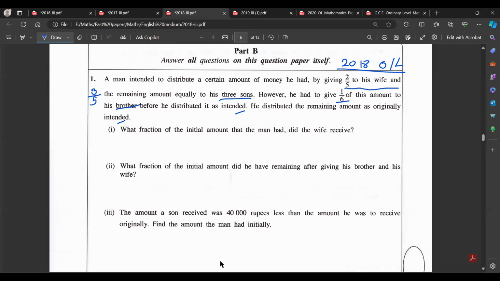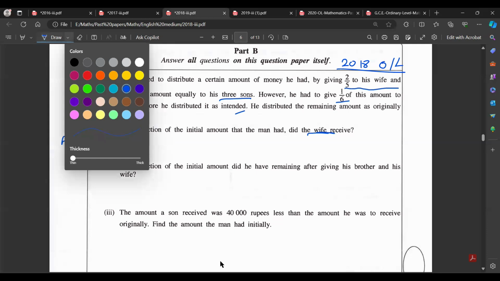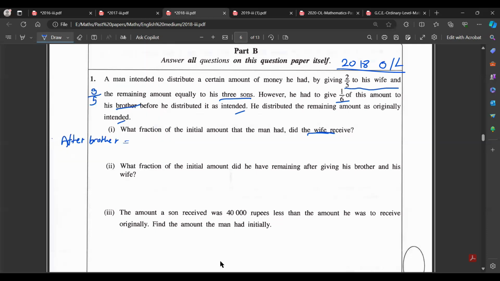What fraction of the initial amount that the man had did the wife receive? Now what does the wife receive? Tell me, after giving to the brother, what is the fraction? First of all, you have to think about that. If they are having 6 parts, 1 part is given to the brother, so remaining is 5 out of 6.